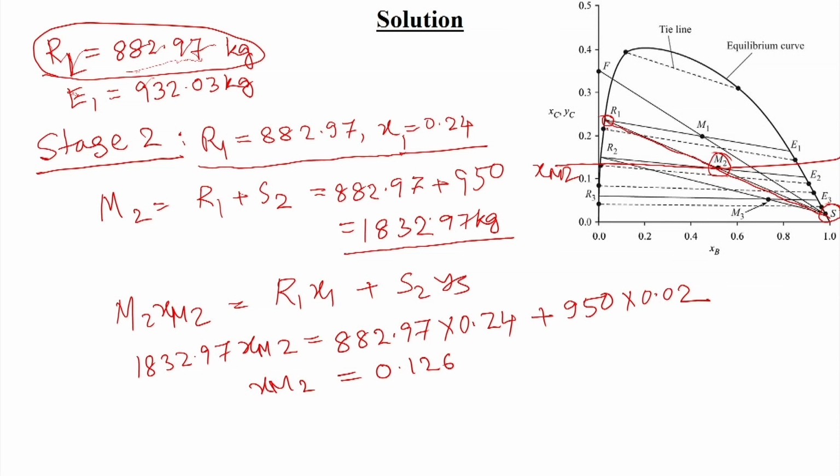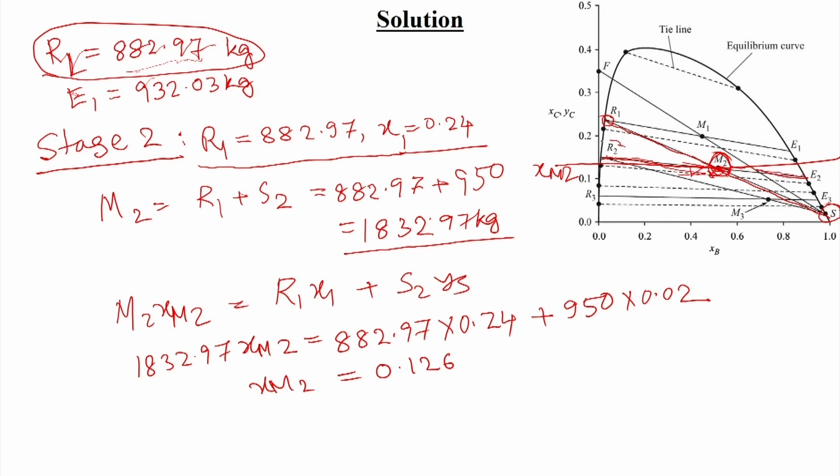R1 and S we have, and we have joined them. Now, from this xm2 we will be getting the m2 value, using xm2 equal to 0.126. So, we have got m2, and through m2 we will now be drawing r2 and e2.